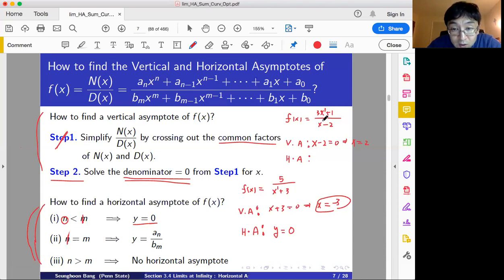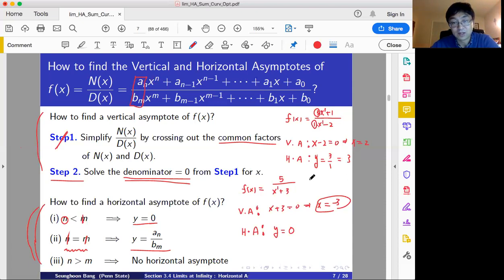Bottom power is also 1. We have the same power. What is the answer? y equals an over bm here. Coefficient over coefficient. The coefficient of the top one is 3. The coefficient of the bottom one is just 1. Exactly, y equals 3 over 1. So we have 3. Yes, only think about the power of the variable x.